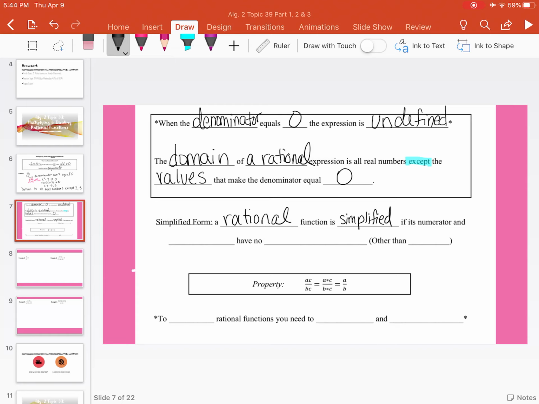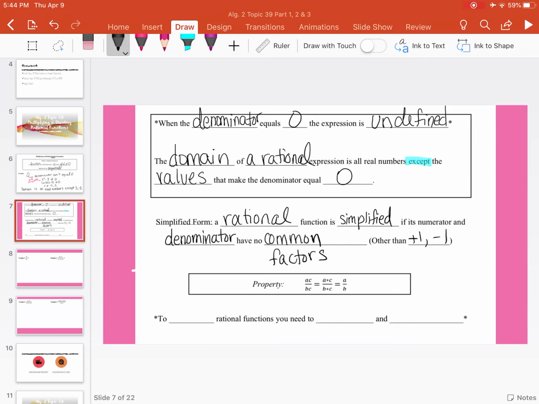if its numerator and denominator have no common factors other than +1 and -1.